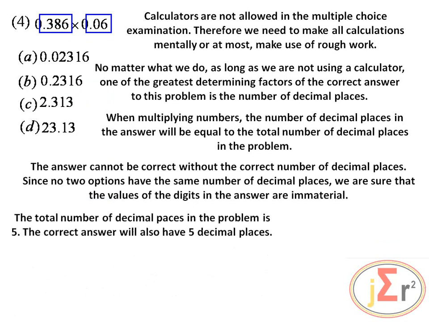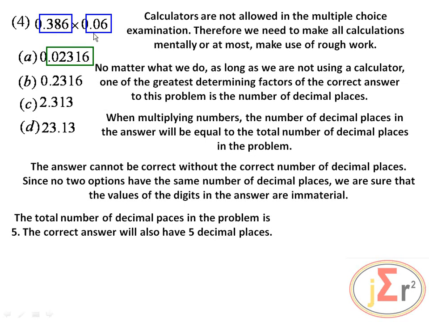The total number of decimal places in the problem is 5. The correct answer will also have 5 decimal places. That is the only one with 5 decimal places. Therefore, that one is sure to be our correct answer.